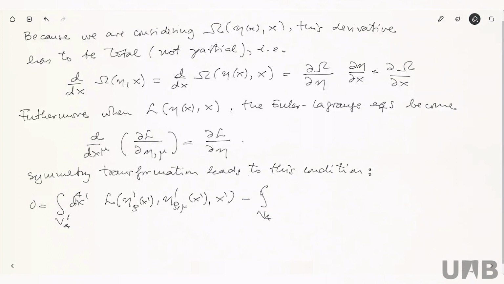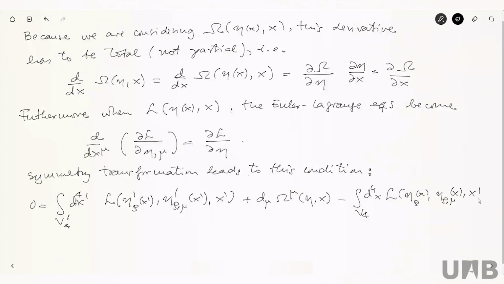Let me just put the other object here: plus d mu omega mu of eta and x, omega tilde of x, minus the integral over V4 d4x of the Lagrangian of eta rho, eta rho comma mu of x and x. So that's the condition that we have.